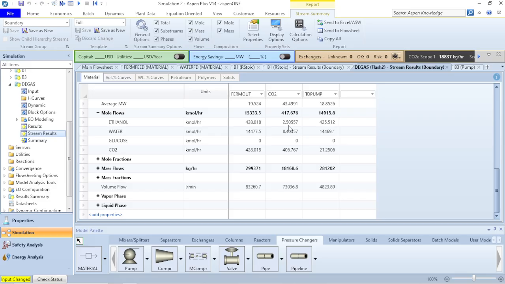So I can see that my CO2, majority of the CO2 was actually taken out of the solution. So that's the product from our fermenter. CO2 was removed over 406. Let me check it in terms of mass. Let's check mass flow. Alright, so you can see that we removed majority of the CO2 from this process.